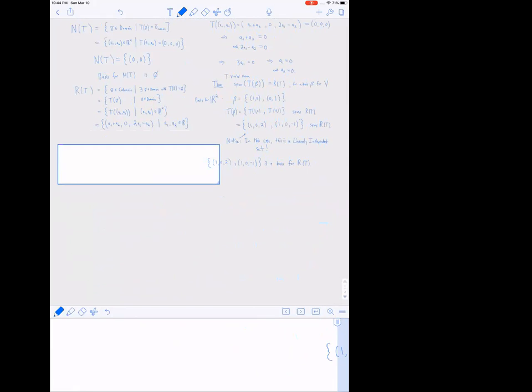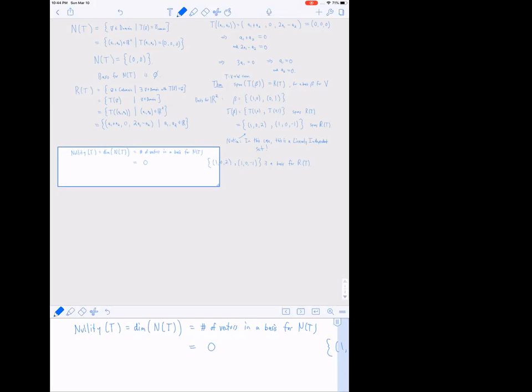Well, the nullity of T is just the dimension of the null space of T, which is the number of vectors in a basis for N of T. But we said the basis for the null space here was the empty set, so there are no vectors in that basis, so the nullity of T is 0 in this particular case.